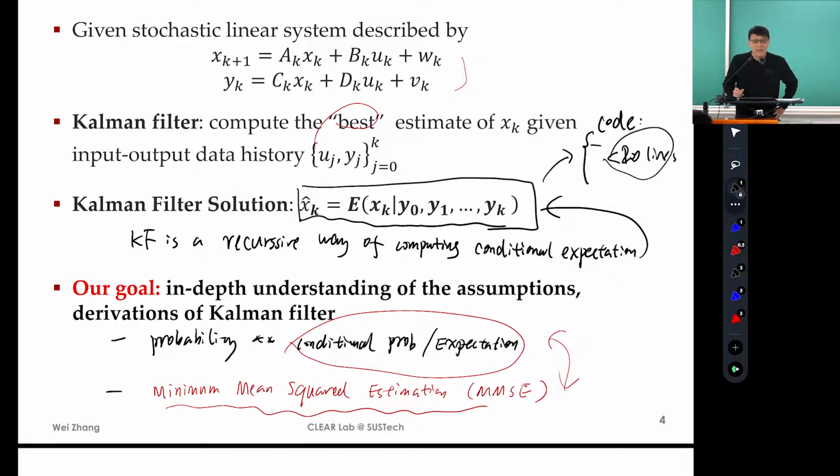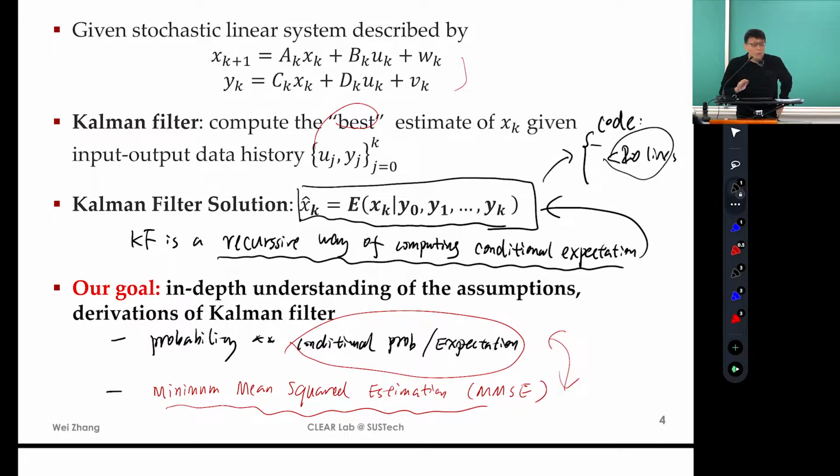And inside the code, there's nothing but, I want you to remember this sentence: the Kalman filter is nothing but a recursive way to compute conditional expectation of the state. The state becomes a random variable now, and it's nothing but a recursive way to compute its conditional expectation.